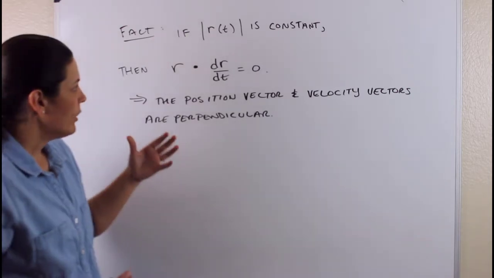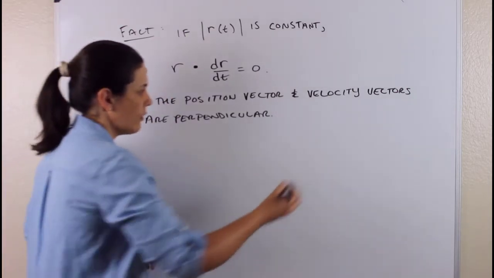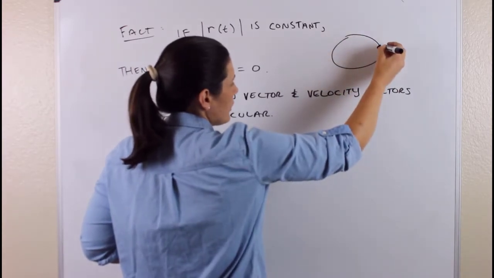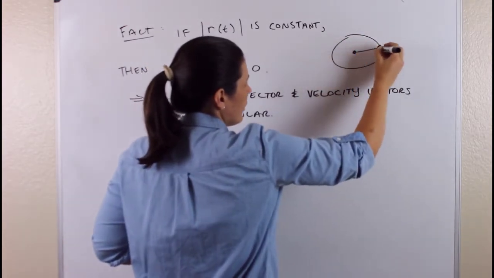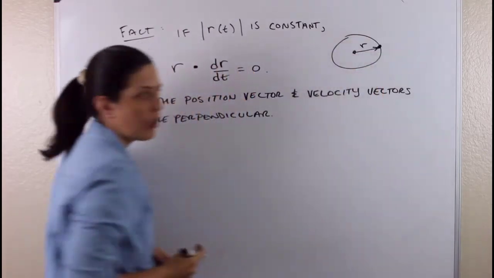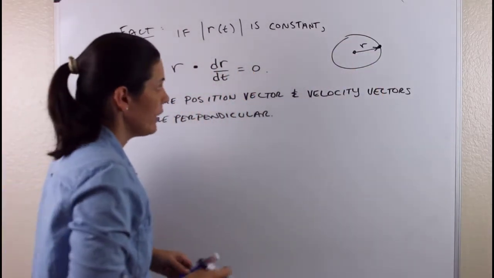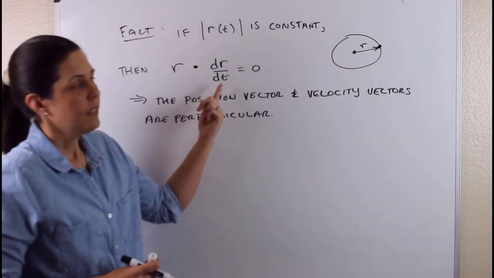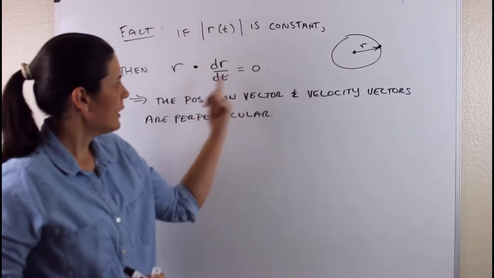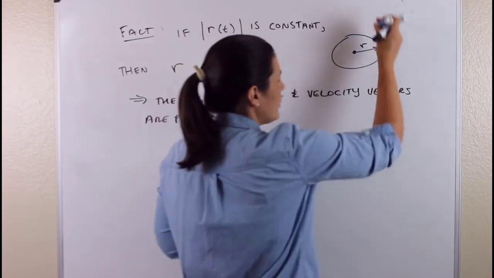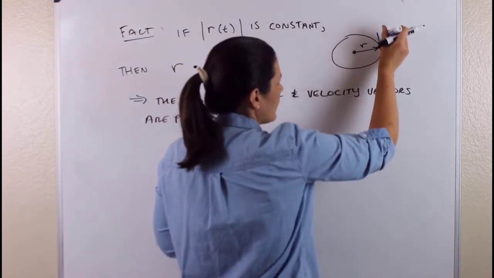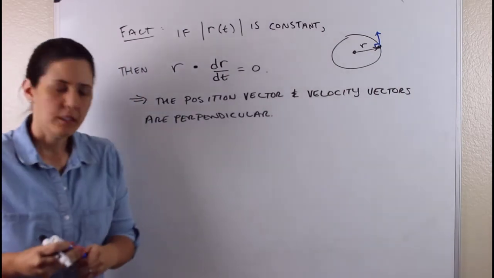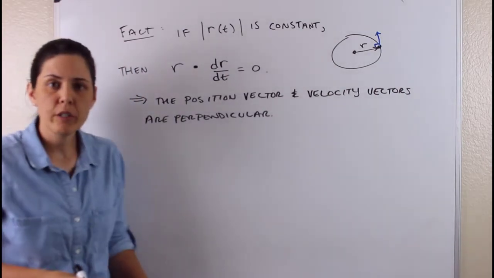And so at every point on that sphere, if I just draw that real quick, your origin is here and your vector r is there, the derivative, remember, is tangent to that point. And so the velocity is this derivative and it's tangent to the sphere, and so this is going to be perpendicular. It's going to create this 90-degree angle. So just an interesting fact to mention for you.